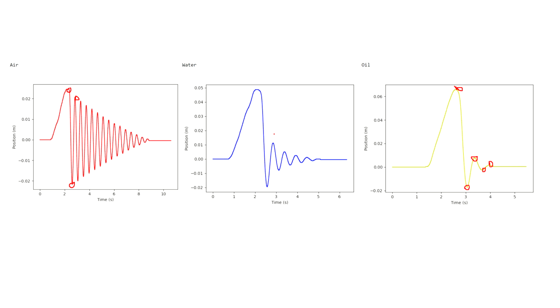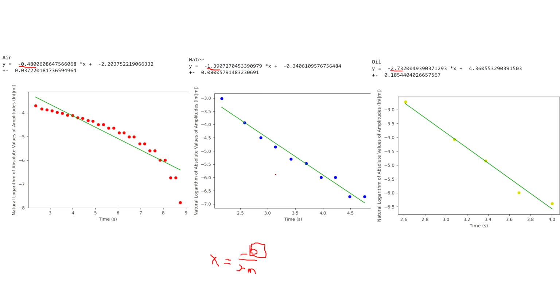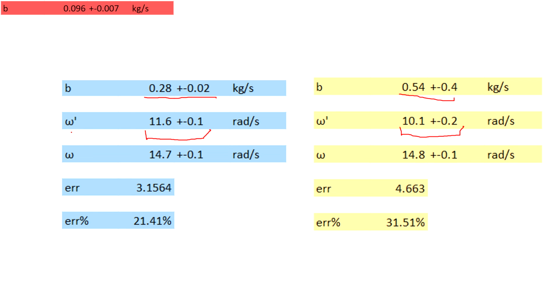We got the average period, which is from peak to peak, and using the formula relating period to angular velocity with 2 pi, we got the experimental angular velocity. But we also got the theoretical angular velocity, using the formula of angular velocity equal to the square root of the spring constant divided by the mass. Here is where we use the spring constant we calculated in the beginning in order to compare theoretically.